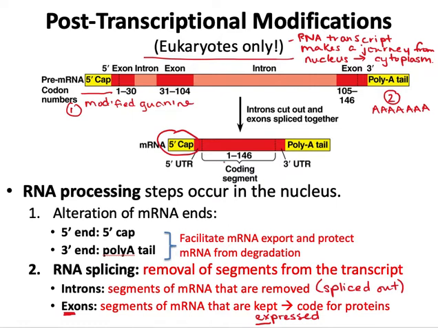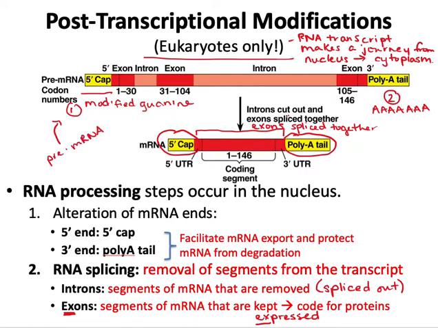So we've got the 5' cap and the poly-A tail, and now we have only our exons left after the introns have been spliced out, or the exons are spliced together. So this right here we call the pre-mRNA, in eukaryotes.